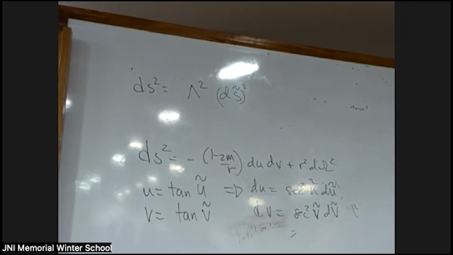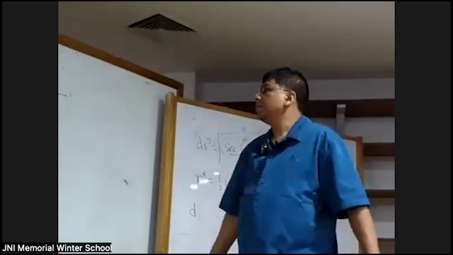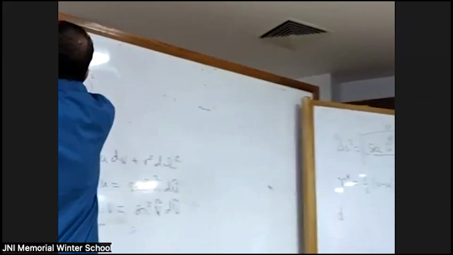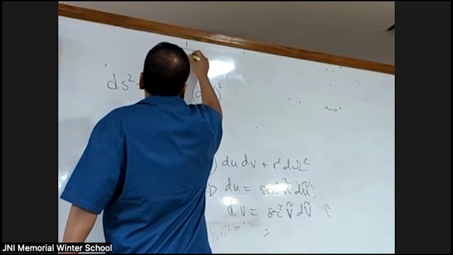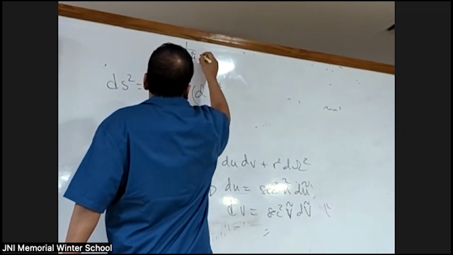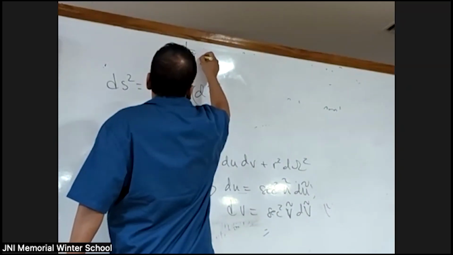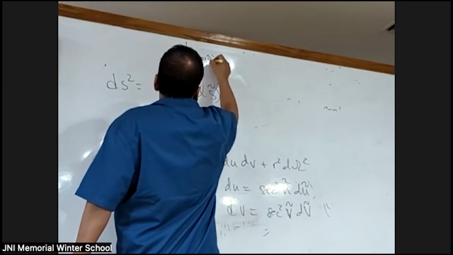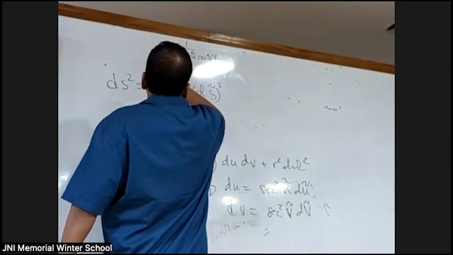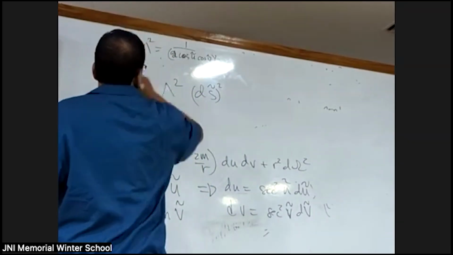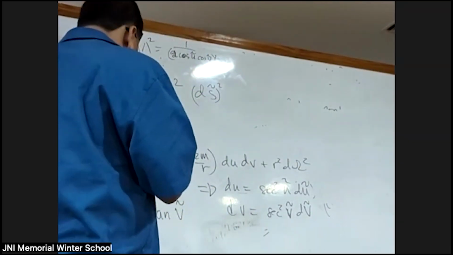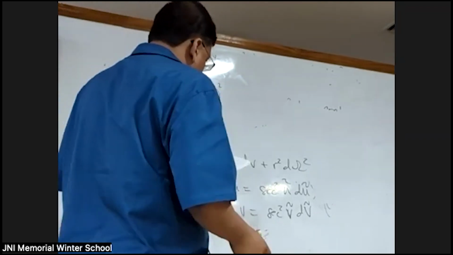It's whatever one-quarter of (cosine u tilde times cosine v tilde) squared is. This is lambda squared.